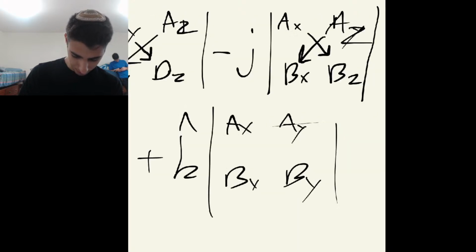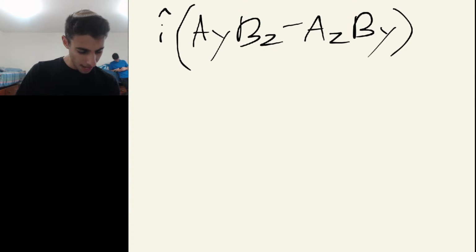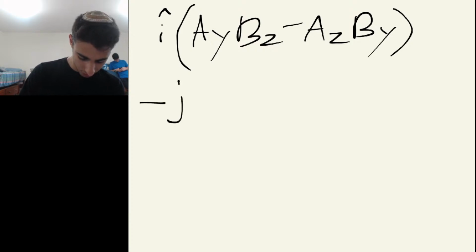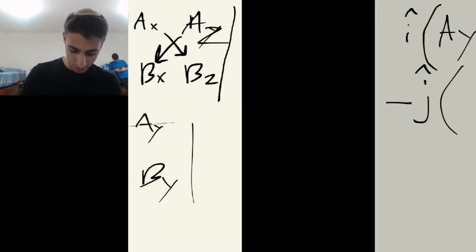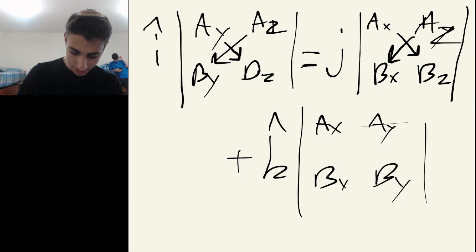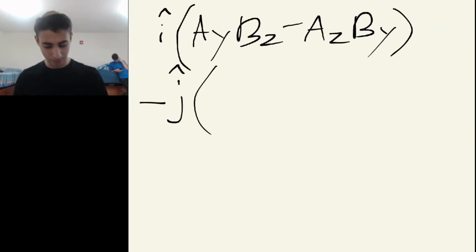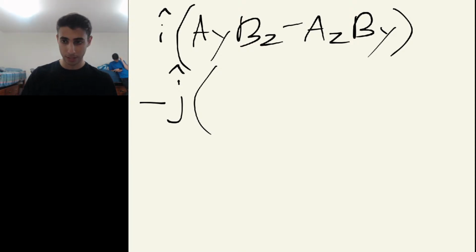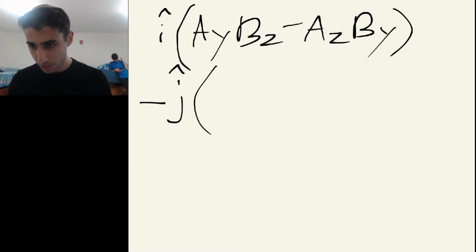Right? Az times by. Great. And that minus j hat times its determinant. And again, the reason why it's minus j hat is because we have a minus over here. Why is there a minus over there? I don't know. But maybe after I explain this in terms of the rule, we can go through it together and get the intuition.